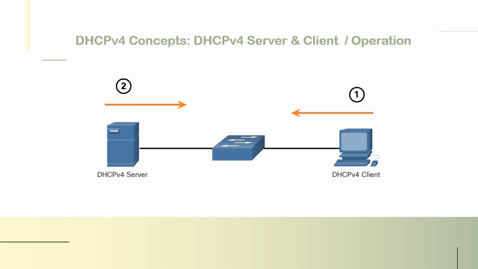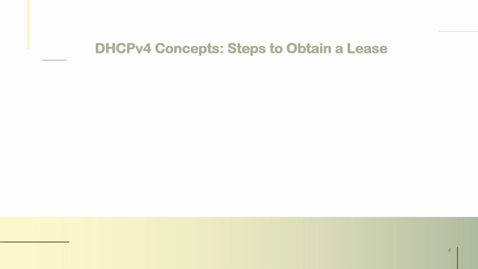The lease mechanism ensures that clients that move or power off do not keep addresses that they no longer need. When a lease expires, the DHCP server returns the address to the pool where it can be reallocated as necessary.